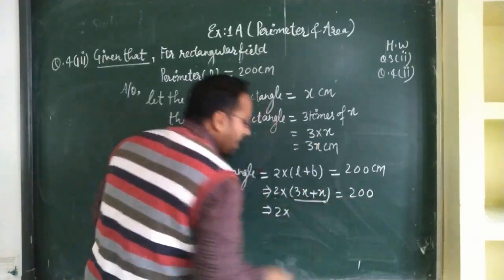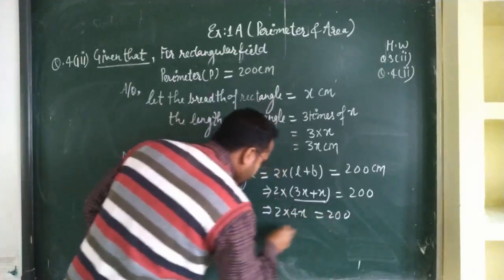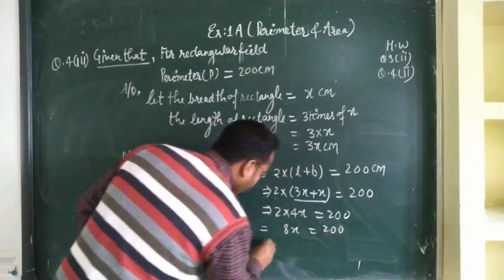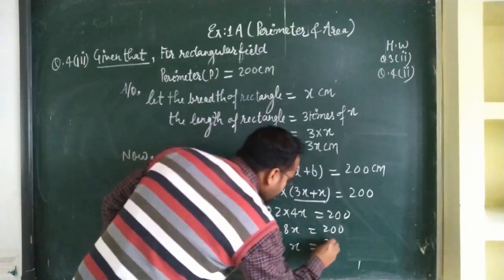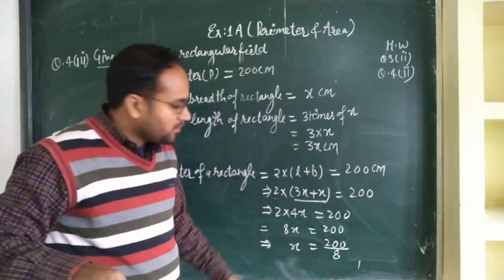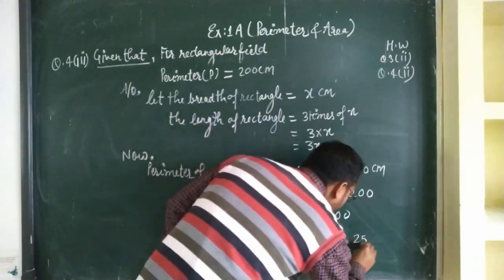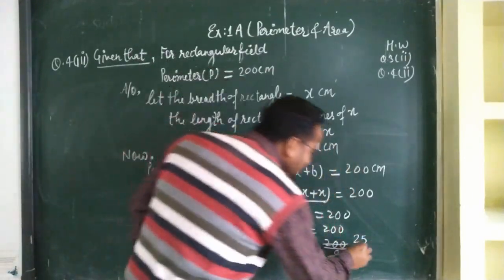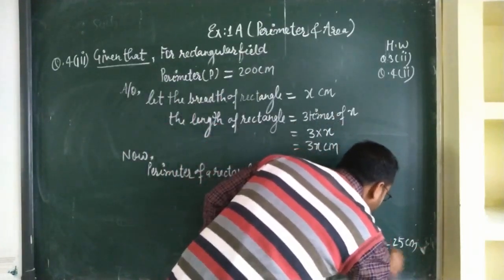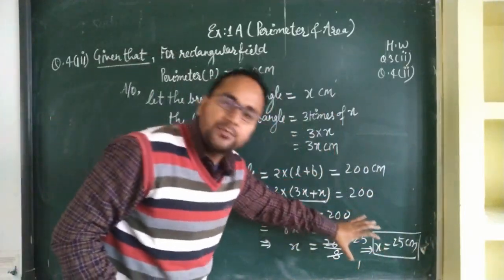They are like terms, so add them: 3x plus x is 4x. Now 4 times 2 is 8x equal to 200. Now x is equal to 200 by 8. 200 is easily divisible by 8, you will get 25. 25 times 8 is 200. So x is equal to 25 centimeter. This is the value of the unknown quantity, students.